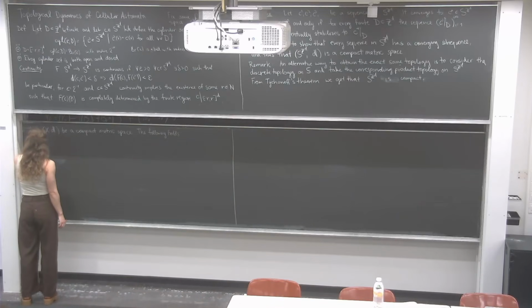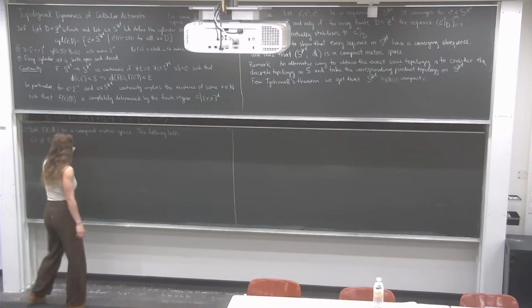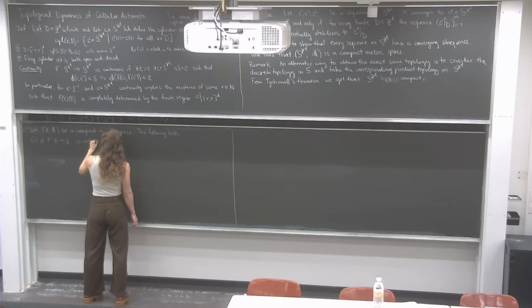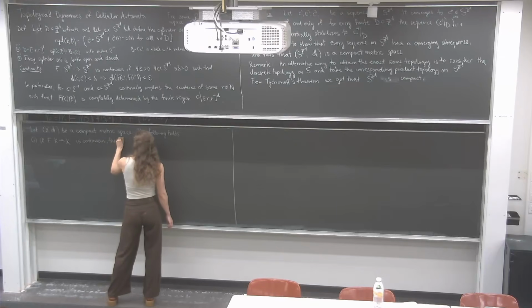So first, if f from X to X is continuous, then it is uniformly continuous.